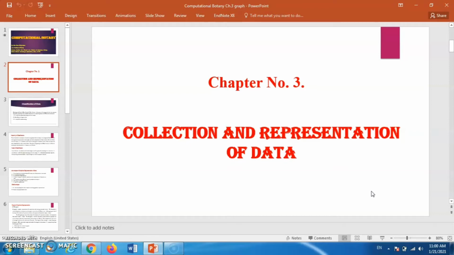Except simple random sampling, from the second type, stratified random sampling, to multi-stage random sampling, all these sampling methods require a heterogeneous type of population.